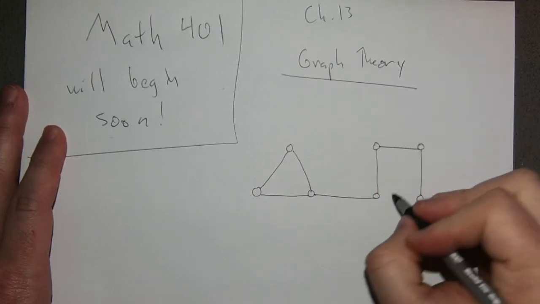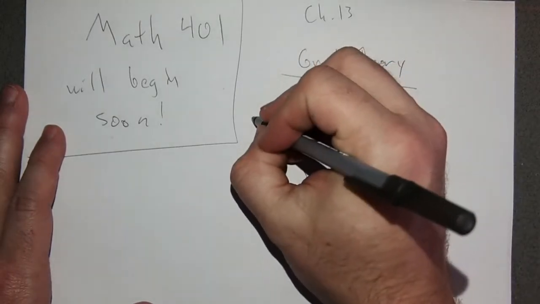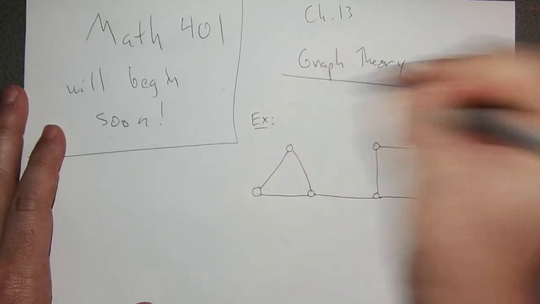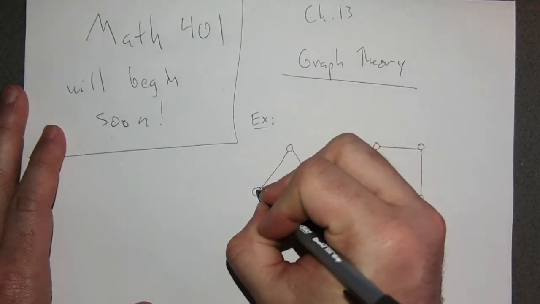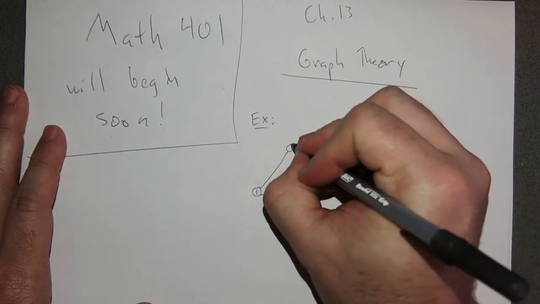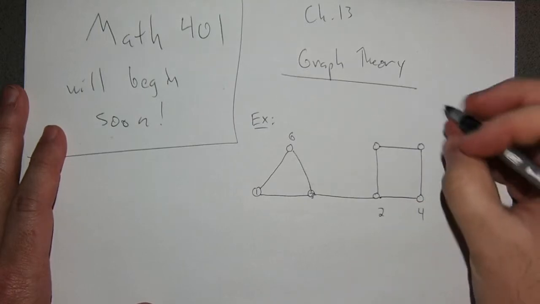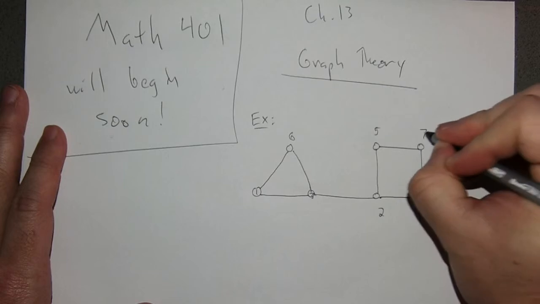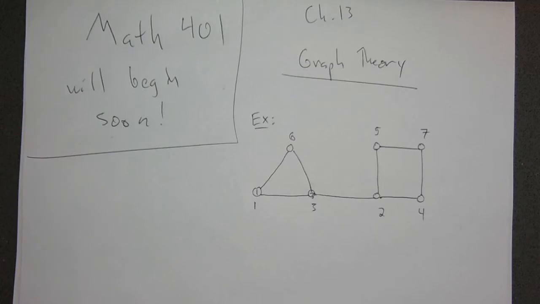This example is going to be used a lot throughout this section. Labeling it here, this is vertex 1, this is vertex 3, this is vertex 6, this is vertex 2, this is vertex 4, this is 5, and this is 7. So 7 total vertices.